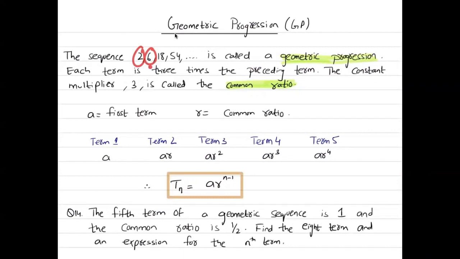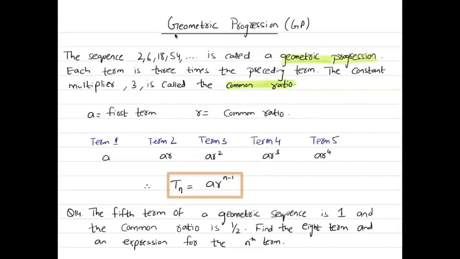A geometric progression is one in which there is going to be a common ratio. Divide the second term by the first term, what do you get? 3. If you divide the third term by the second term, what do you get? 3. Fourth term by the third term? 3. So that means that it is a sequence that has a common ratio.